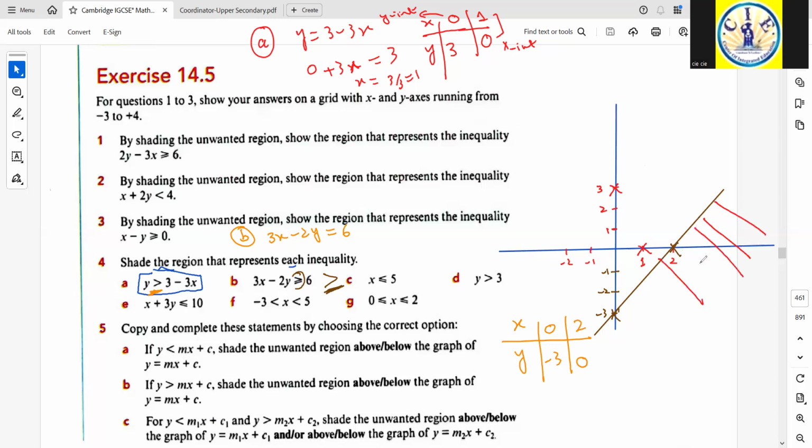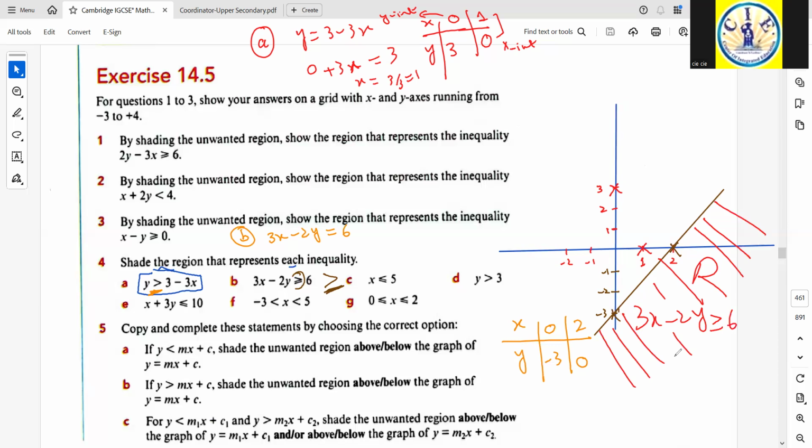So this is the required region, which is represented by 3x minus 2y greater than or equal to 6. So all this region has to be shaded just like this. So that was part B.